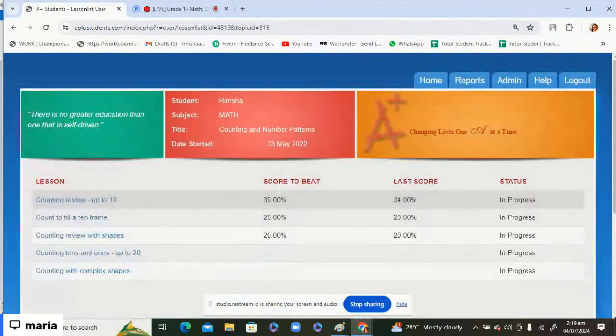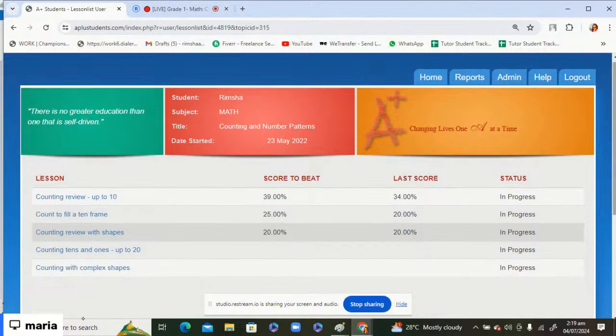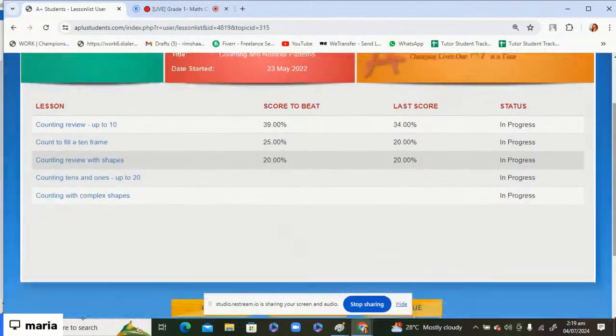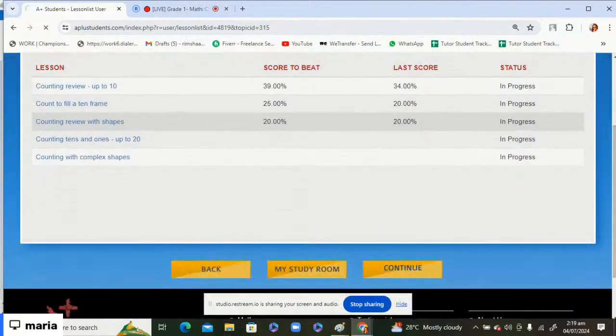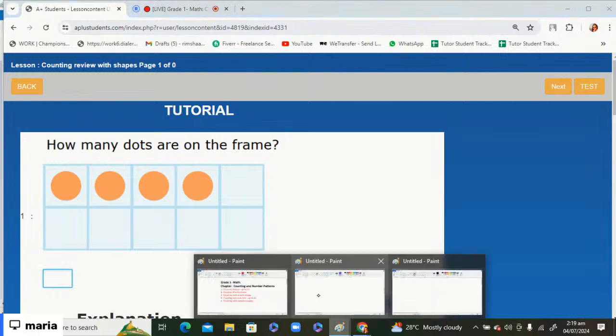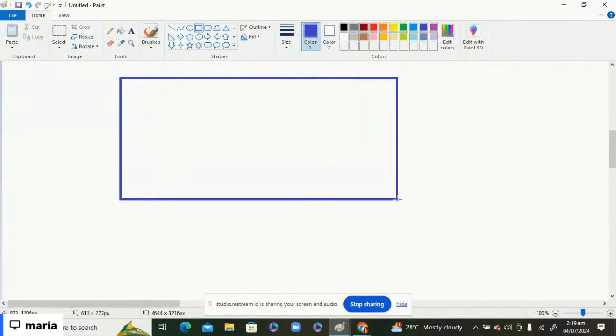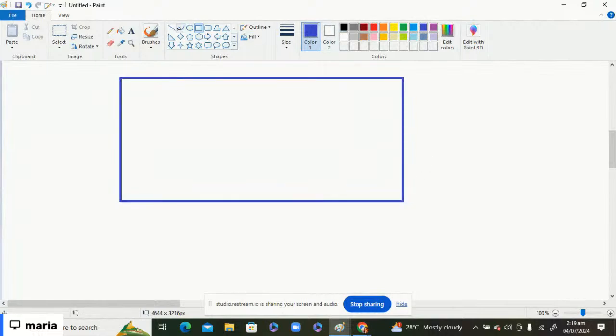Now let's discuss the third lesson, that is counting review with shapes. Okay, it's again the same thing. Look at here now. If we are going to draw this thing, let me just draw it here. For your understanding, I'm going to draw it here.